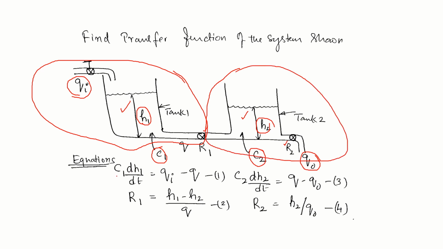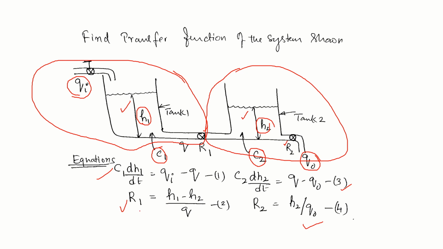For tank 1, C1 dH1 by dt is equal to Qi minus Q, and R1 is nothing but H1 minus H2 divided by Q. Now let us consider tank 2 and write the equation. R2 is equal to H2 by Q0.